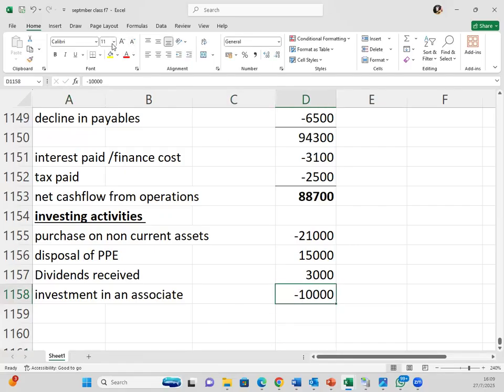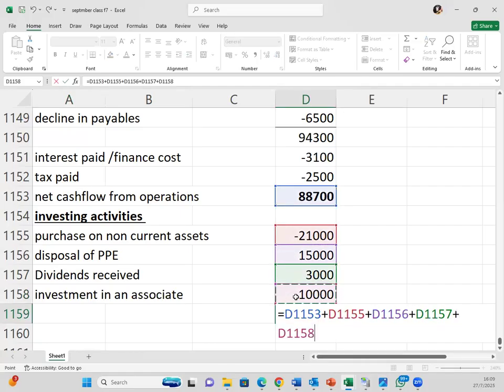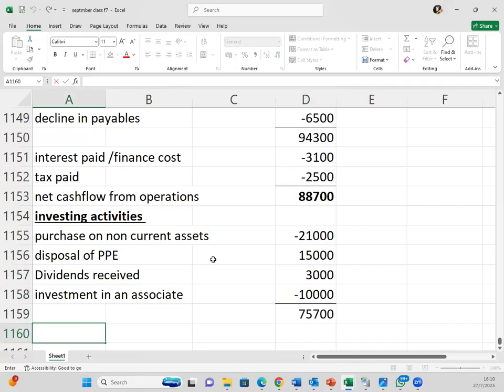Then you add that up from the top. Then from that investment, now the investing activities, we have combined them.